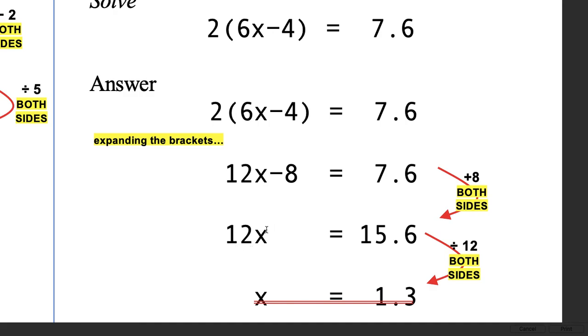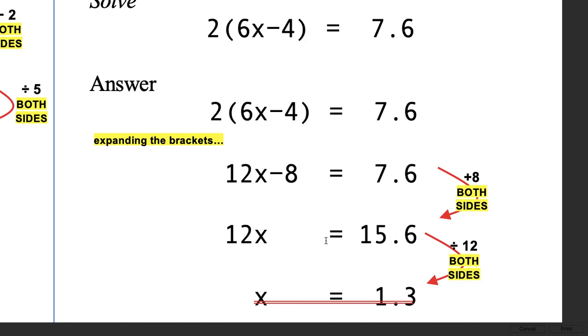I'd like to get the bit with x on its own, so I'd like to get rid of the minus 8. I'm going to get rid of a minus 8 by adding 8 to both sides, remembering to do it both sides because it's like a balance. So adding 8 to both sides, we get 12x equals 15.6.